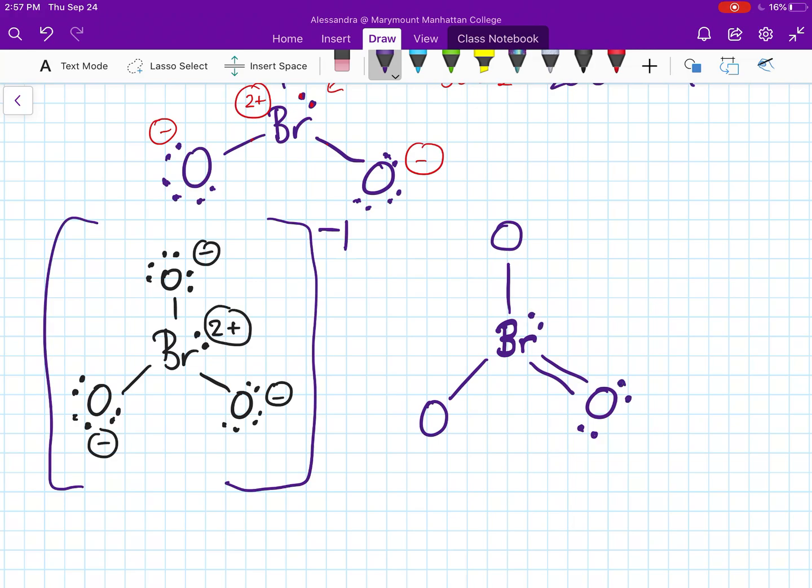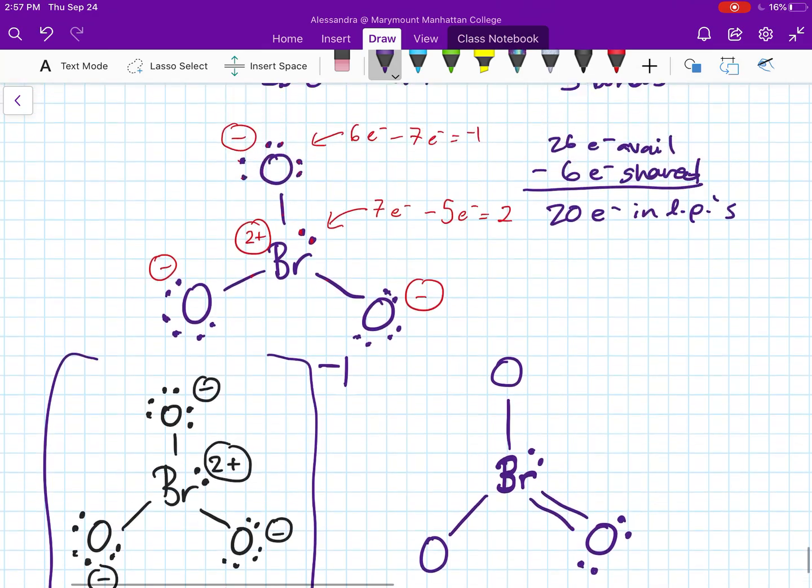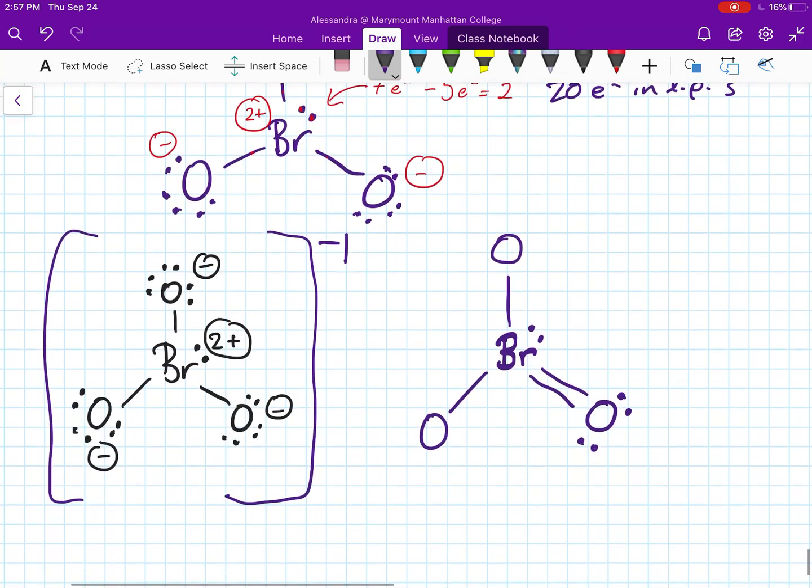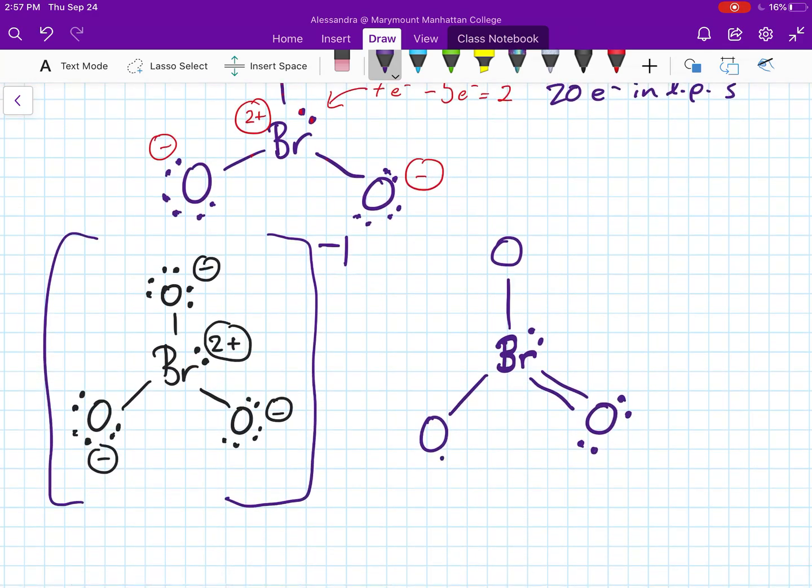Okay, so let's say I still have the same number of electrons to play with, right? I believe it was 26. So I just want to make sure I take those 26 electrons and arrange them in a different way such that I can reduce the formal charge on bromine to 0. So let's see if I can do that. 2, 3, 4, 5, 6.